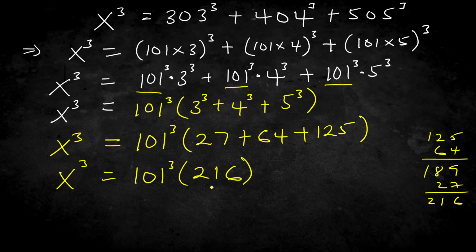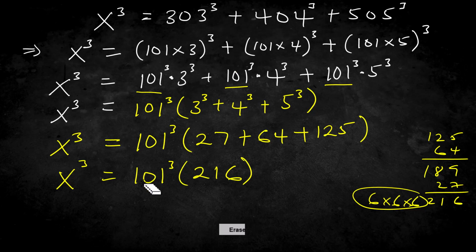Now let's check if we can write 216 as something cubed so that we can take the cube out. 6 times 6 is 36, times 6 will give us 216.